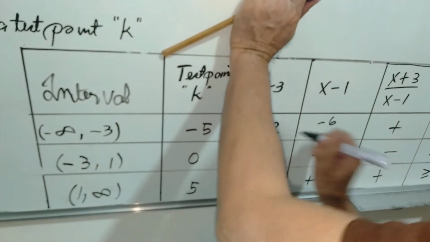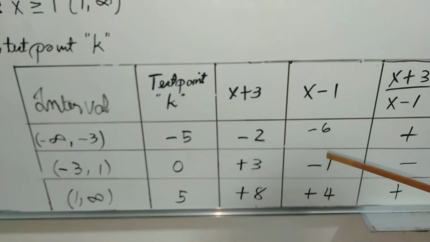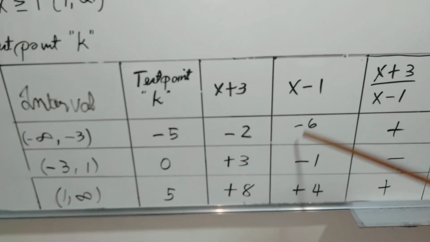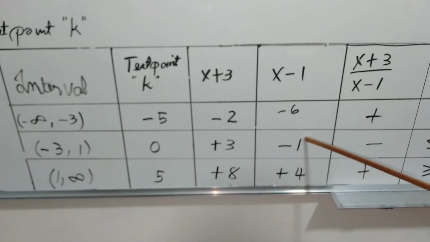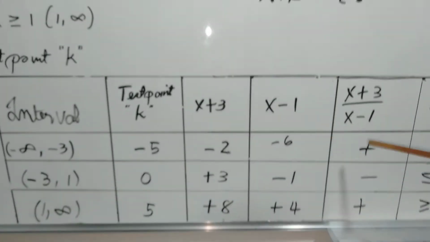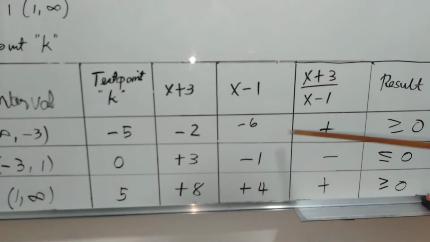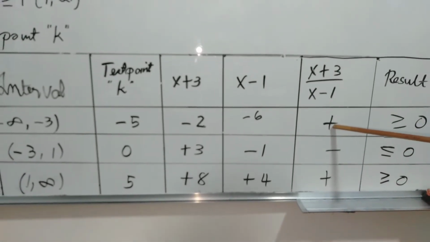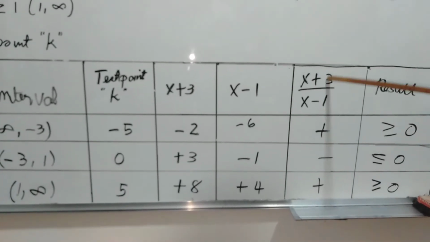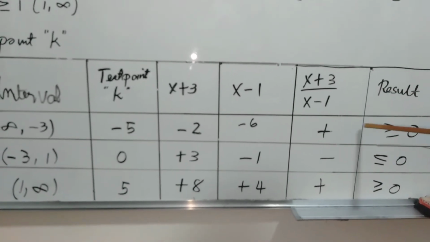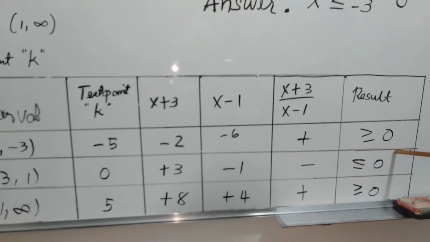For the denominator, negative 5 minus 1 is negative 6. Then we assign these to both the numerator and denominator. Negative divided by negative is positive. So this is a positive number, and the result is greater than or equal to 0.